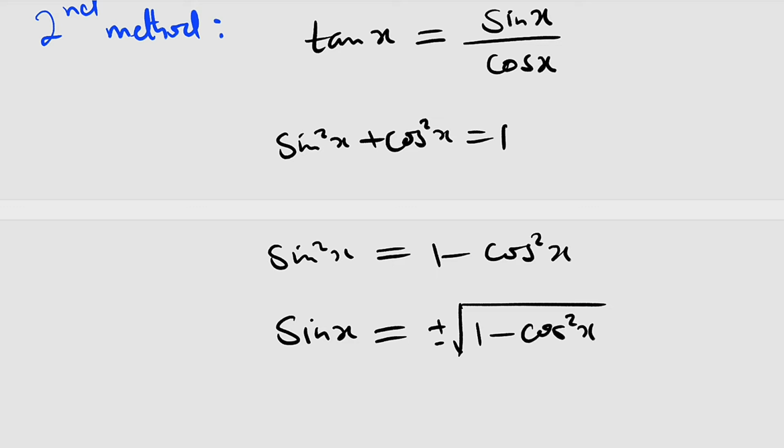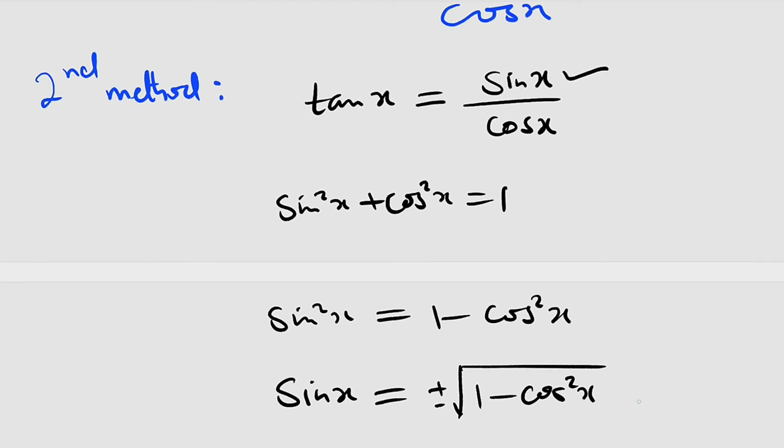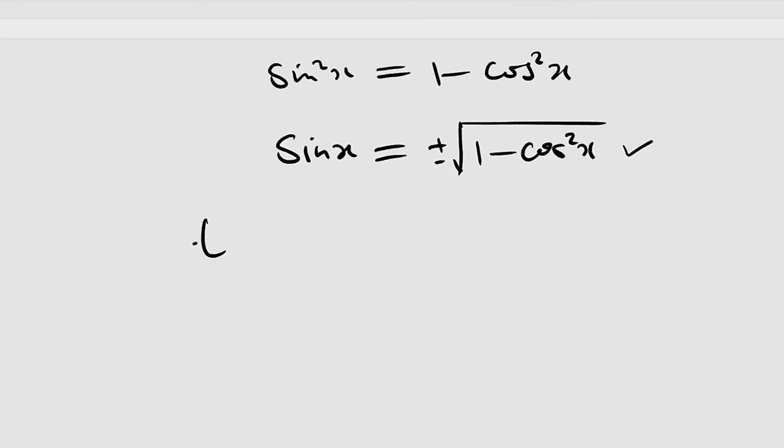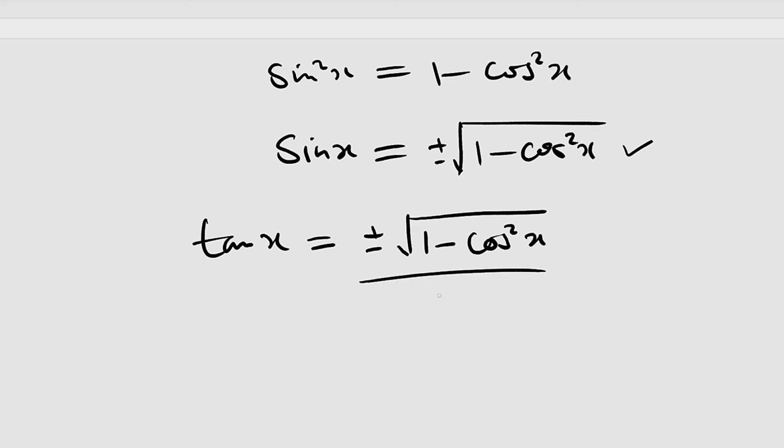Now we can replace sine x with plus or minus the square root of 1 minus cos squared x, and we are done. Therefore, tan x is equal to plus or minus the square root of 1 minus cos squared x divided by cos x.